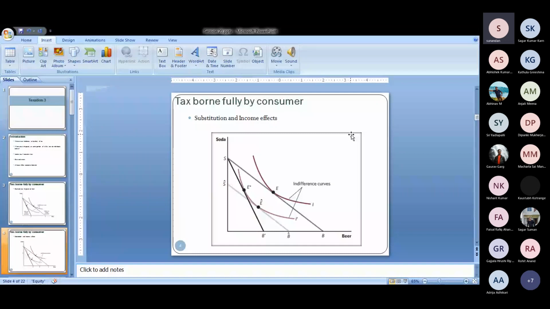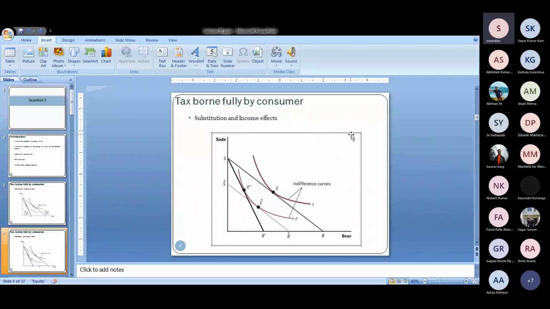From this, obviously, the benchmark scenario is SB indifference curve giving utility level I, equilibrium E. That is your benchmark pre-tax, pre-price change. So what we will do? We'll shift SB laterally to S hat B hat and see where it becomes tangent to this I prime and we'll get E hat.